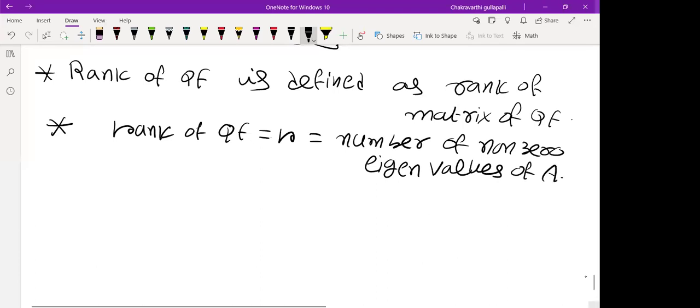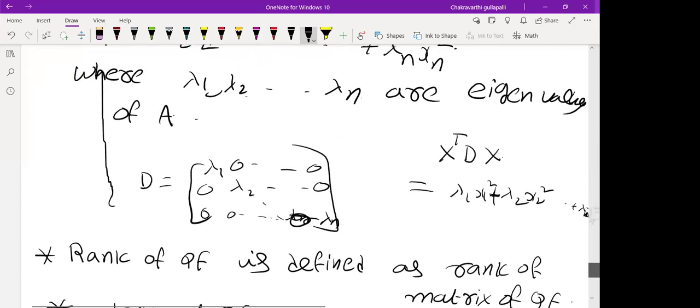How? Because the rank of A is the same as the rank of D, since A is equivalent to D. Two equivalent matrices have the same rank, and D is the diagonal form of A.